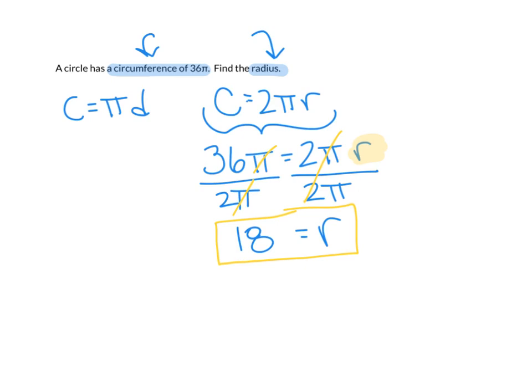Okay, let's try something similar to that. Now we've got a circle and they're telling us that our area is 64 pi centimeters squared, and they want to know the radius. All right, well, let's think back to our area formula. We talked in our previous problems that area equals pi times radius squared, okay?